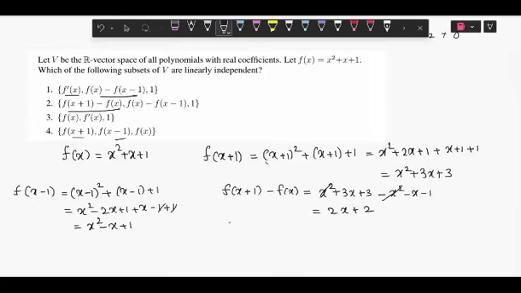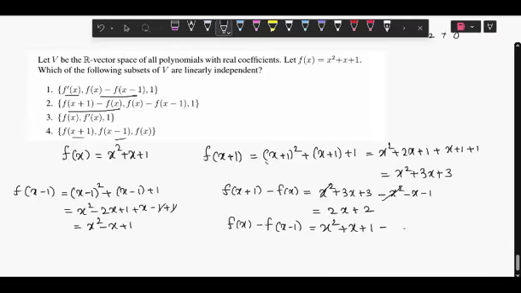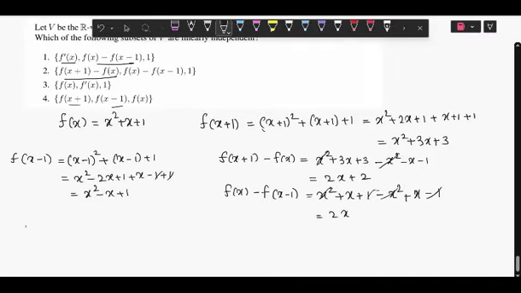Now let's calculate f(x) minus f of x minus 1. So this is equal to x square plus x plus 1 minus x square plus x minus 1. This is equal to 2x. सब कुछ मिल गया शायद. And f dash x, the last thing, f dash x equal to 2x plus 1.